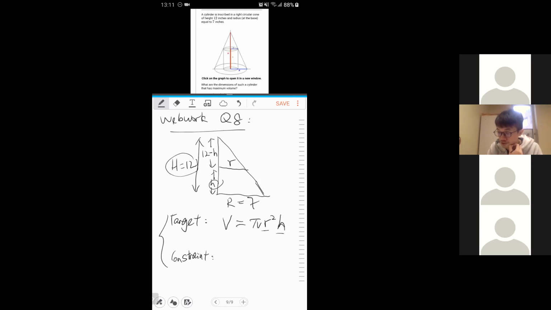Now the constraint equation should give you a relation between r and h.